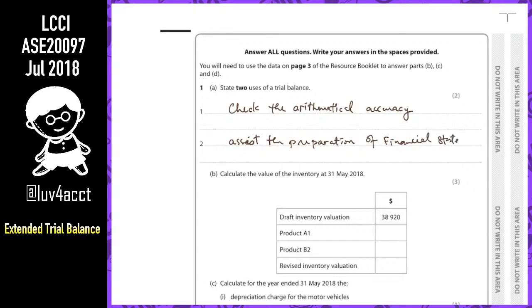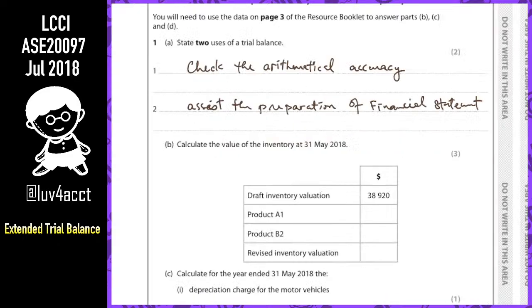Once the trial balance has been prepared, we will use the figures for the preparation of the statement of profit and loss and the statement of financial position.